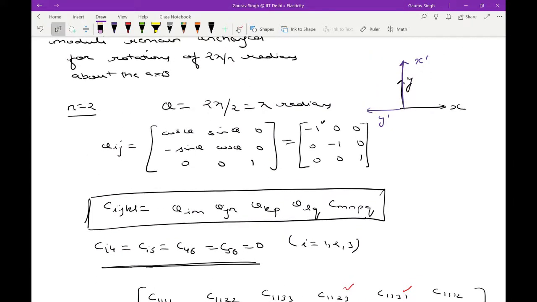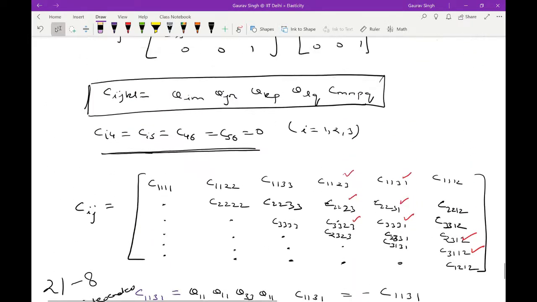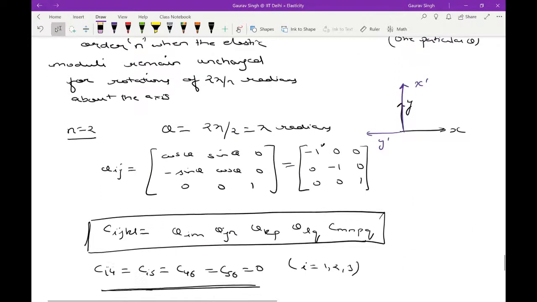Then you will be able to write what qij would be. Just substitute it over here, and you would have the transformation relations, the new Cijkl in terms of the old one. That's not a problem, but I'm trying to demonstrate some easier cases so that I don't have to go through that lengthy summation. You can imagine how many summation terms this would have, because each of these will be summing over m, n, p and q.